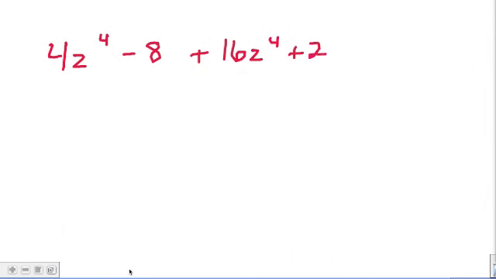Let's do one more adding. So we have 4z to the 4th minus 8 plus 16z to the 4th plus 2. Okay, let's combine those like terms. Do I have another z to the 4th? I do. It's right there. So 4 plus 16 is going to give me 20z to the 4th.